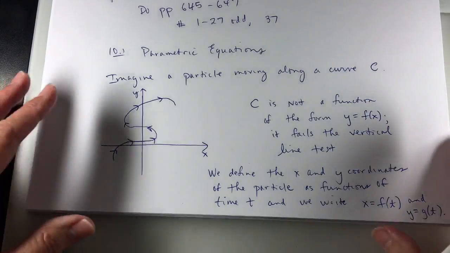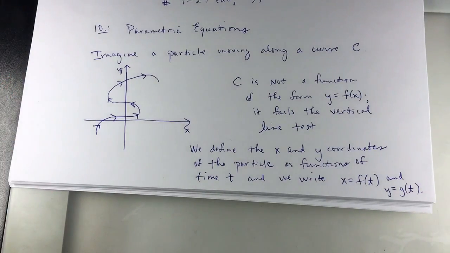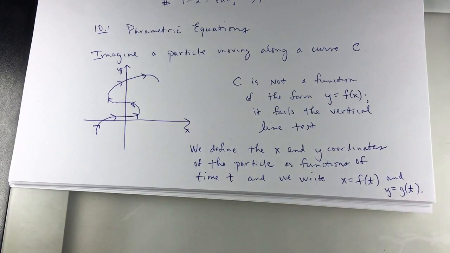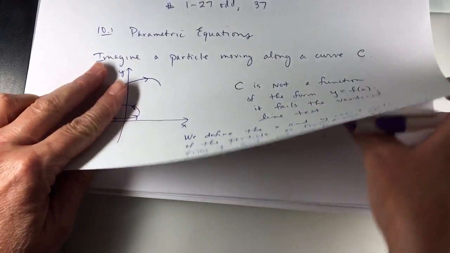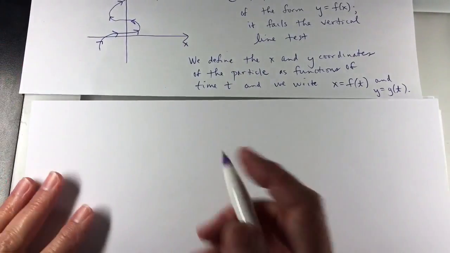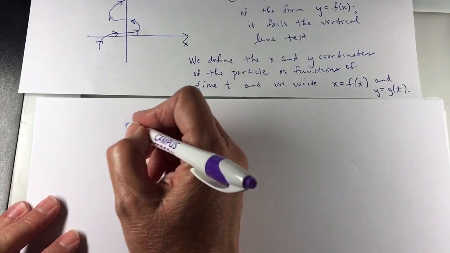And then if I look at time as the independent variable, that would be a function. Equations written like this, these are called parametric equations. So I'm going to write that next.